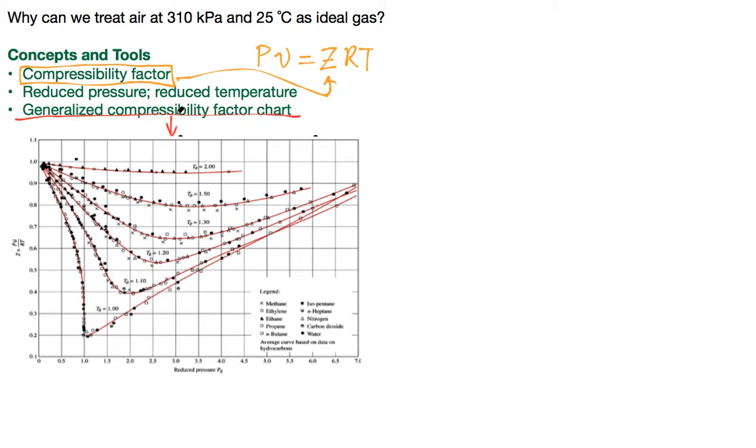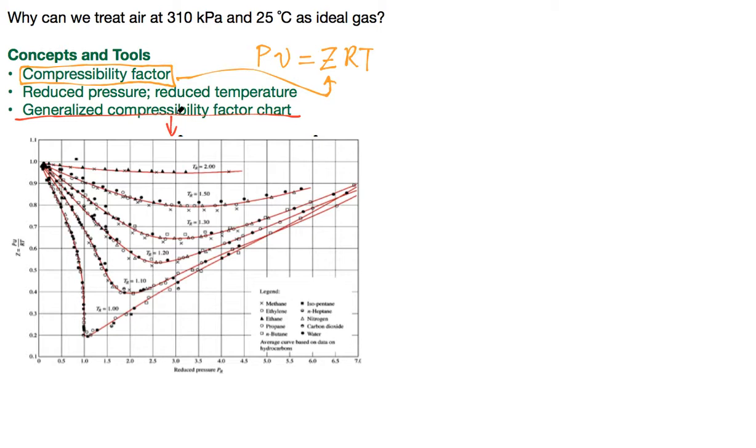This chart is generated using experimental data, and it involves many different substances. By calculating the reduced pressure and the reduced temperature for these different experimental conditions, we can plot this generalized compressibility factor chart, which relates Z, the compressibility factor, with the reduced pressure and the reduced temperature of a system.